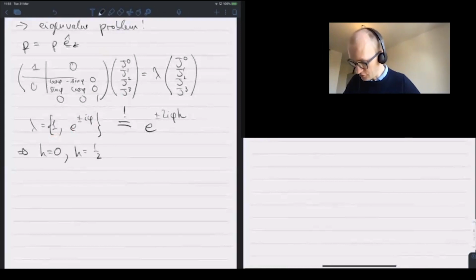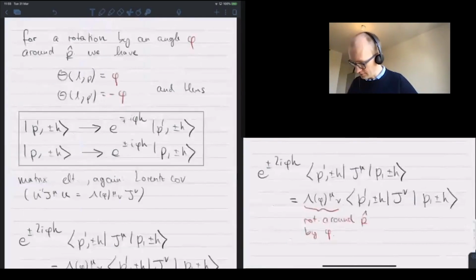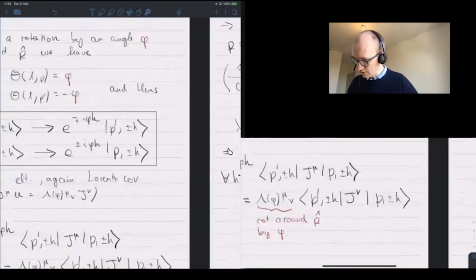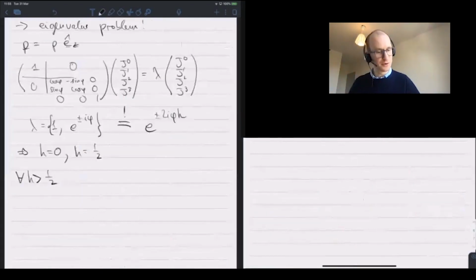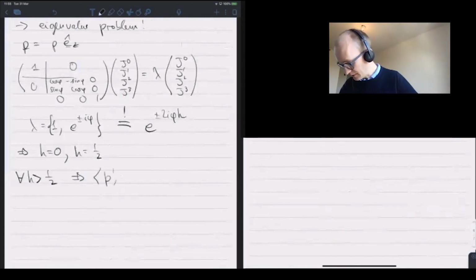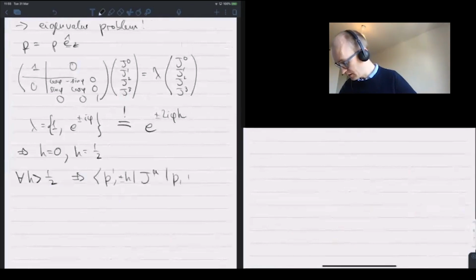So for any other h, for all h that is greater than 1/2, the only way that this equation can be correct is if the matrix element itself is equal to 0, right? So for all h greater than 1/2, the matrix element p primed plus or minus h, j mu, p plus or minus h is equal to 0.